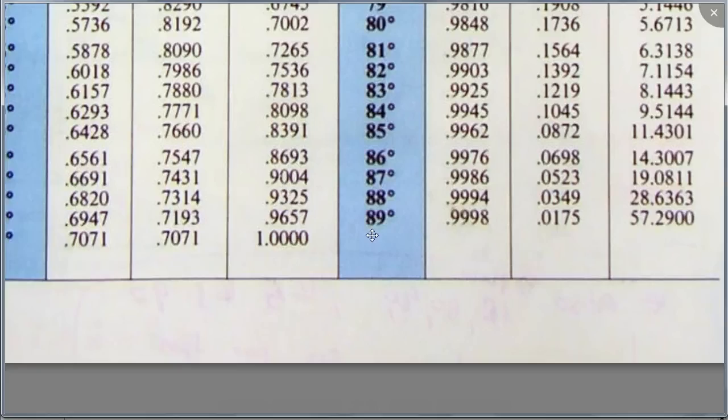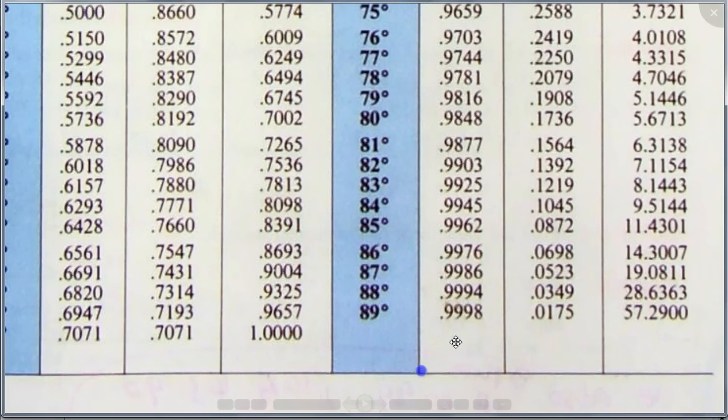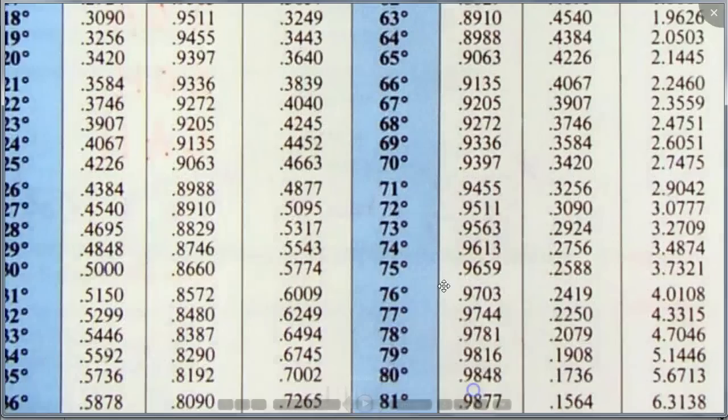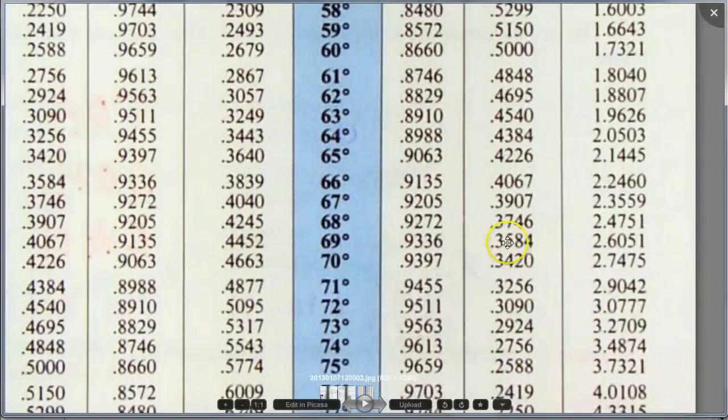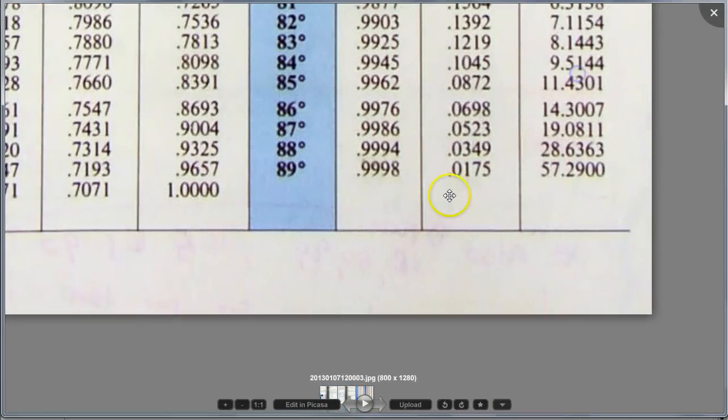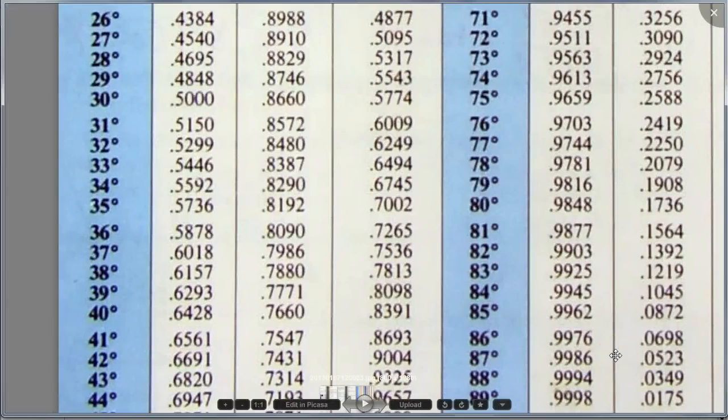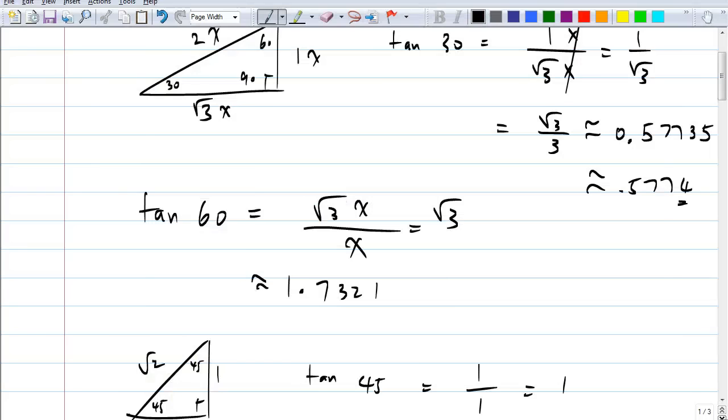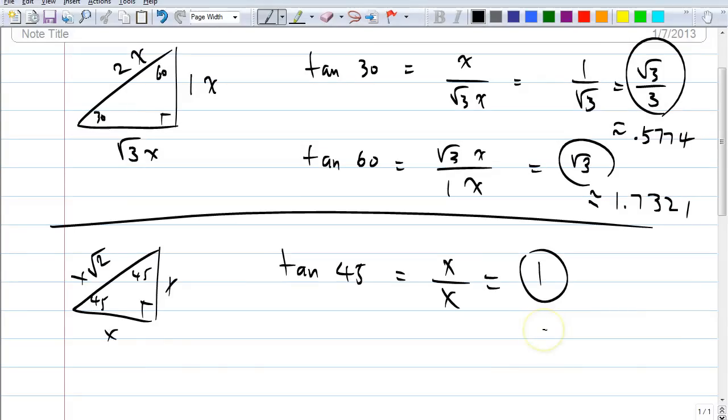The opposite of the 90 degree angle is the hypotenuse, so you can't have one. As you can see the trend, the tangent actually increases, doesn't it? It actually goes to infinity if you put 90. Anyway, that's what we just have here. Tangent of 30, 60, 45, and then it has a table.